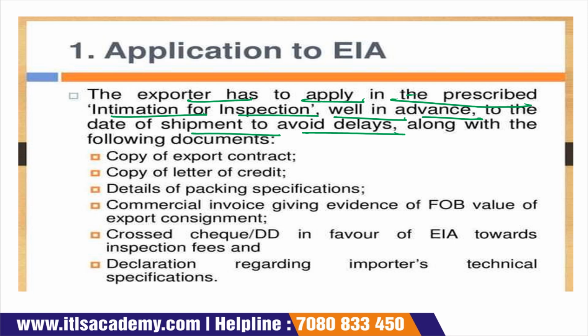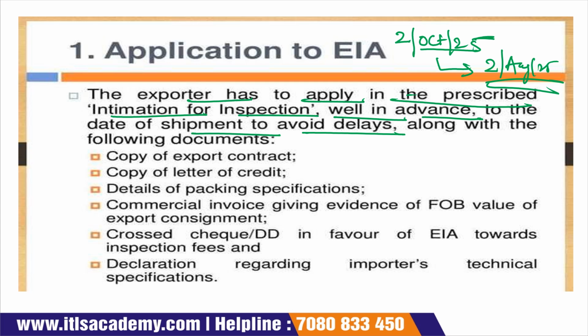Suppose a dealer has to export the product on 2nd October 2025, then they have to apply at least 2 months before, around 2nd August 2025, so that delay is avoided. Okay, and now the following documents are required for the application to EI.